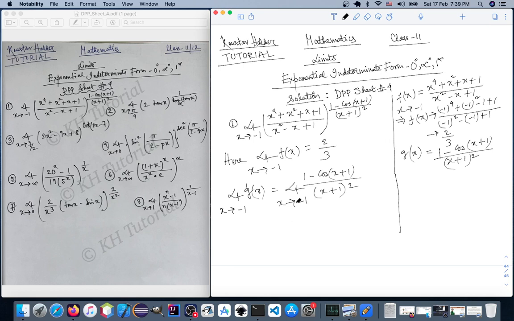We can substitute x plus 1 as t, which implies t tending to 0 as x tending to minus 1.